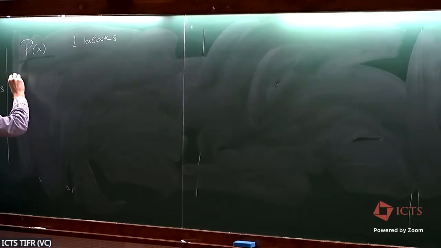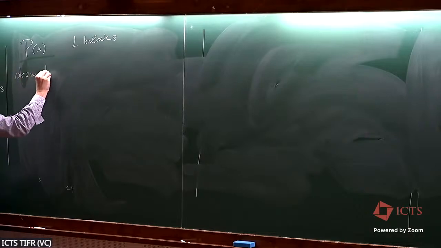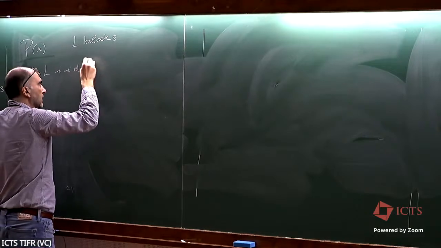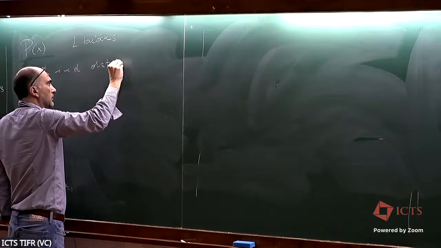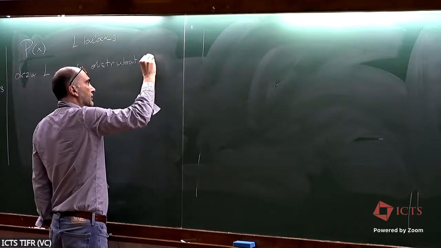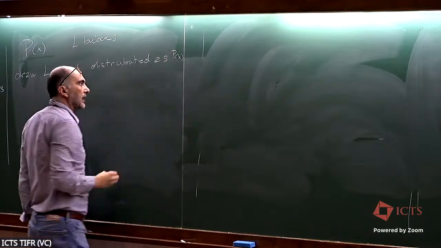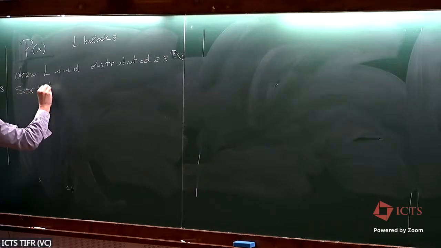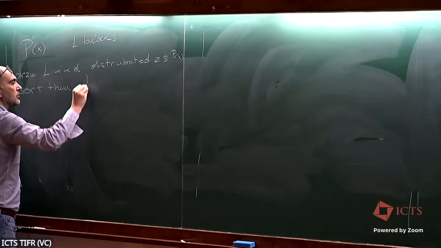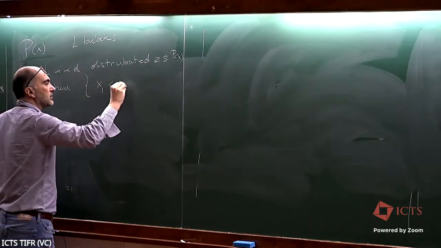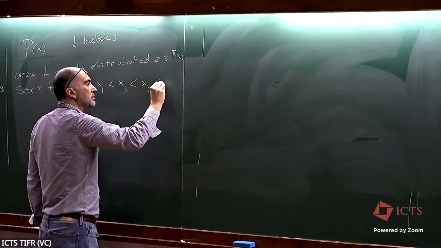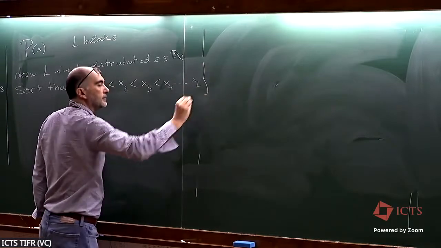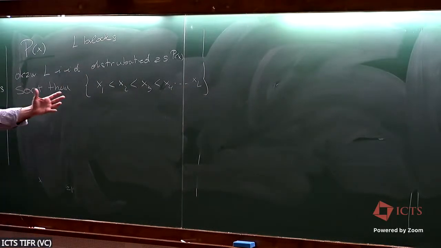So we draw L i.i.d. numbers, independent and identically distributed as P of X. You pick them, you sort them, and so you will have X1, which is smaller than X2, which is smaller than X3, which is smaller than X4, and so on, up to XL. So X1 is the most unstable block.